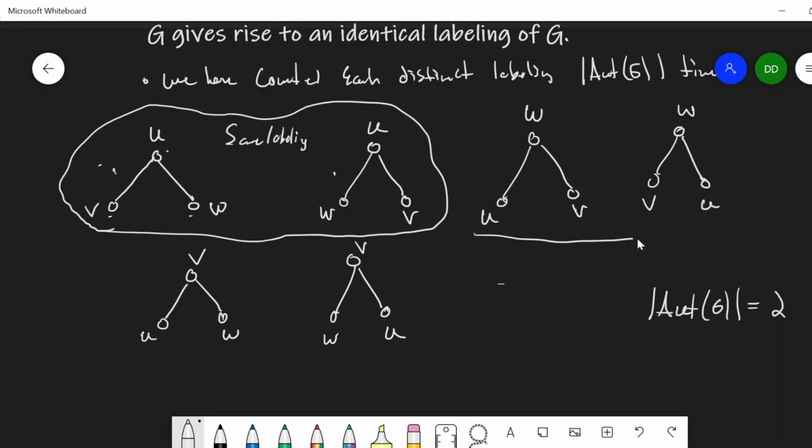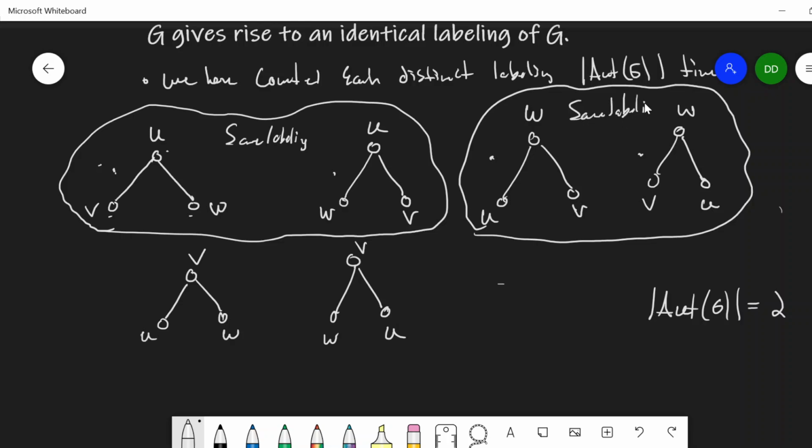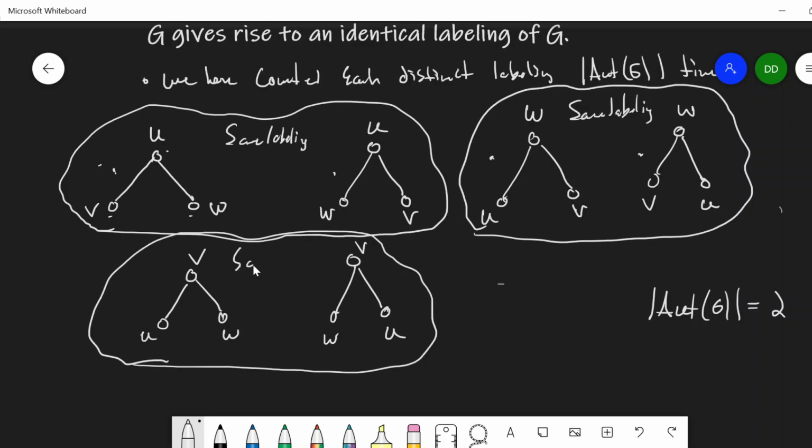Same thing over here, W's fixed, and then I have V and U. Well, here's the identity, and I also have this labeling where I swap these 2 vertices of degree 1. So I have 2 of those, and these again are the same labeling. Remember, the same labeling means it gives rise to exactly the same edge set. And again, we have the same labeling here.